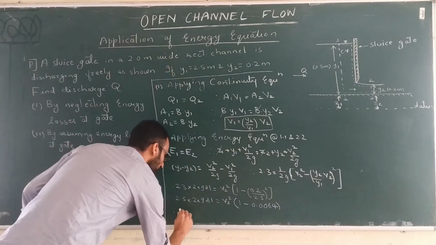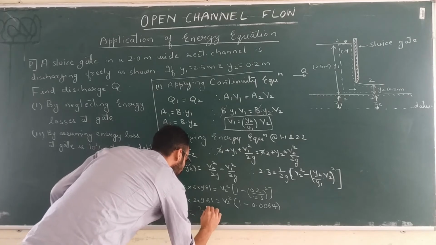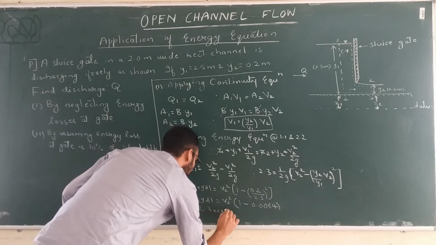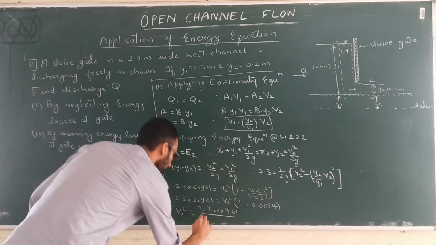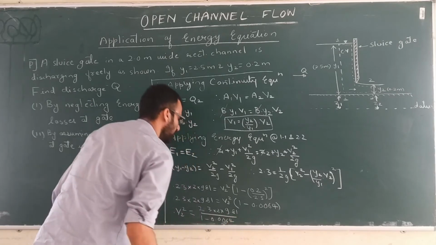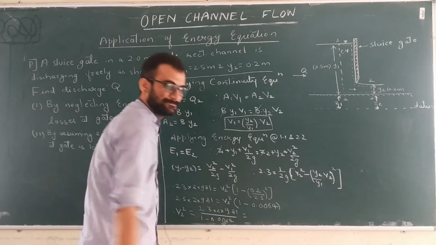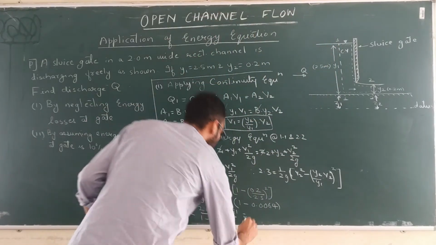Therefore, solve it further. V2 square will be equal to 2.3 into 2 into 9.81 upon 1 minus 0.0064. So we get V2 square as 45.42.